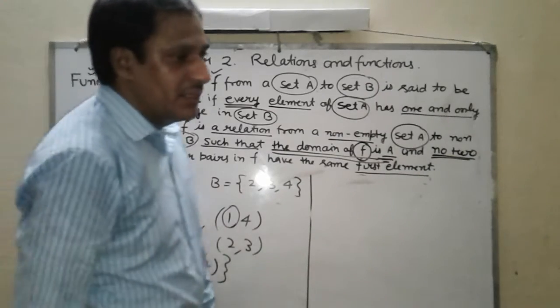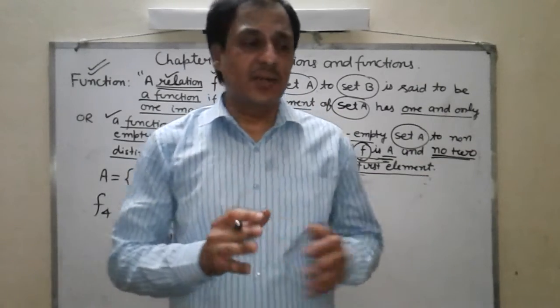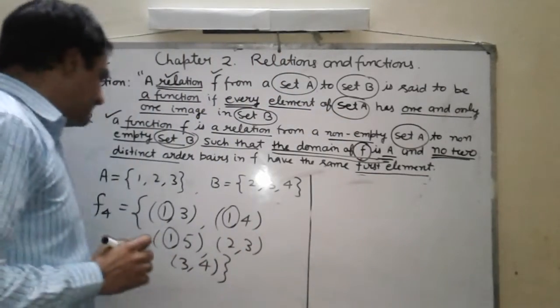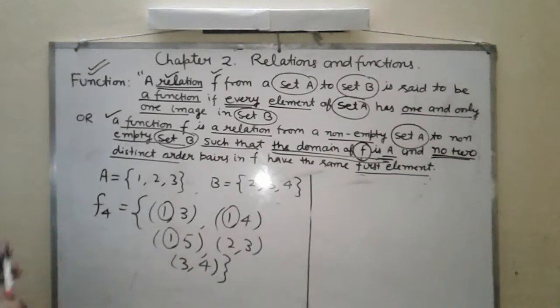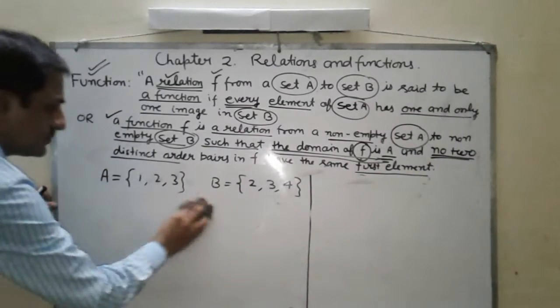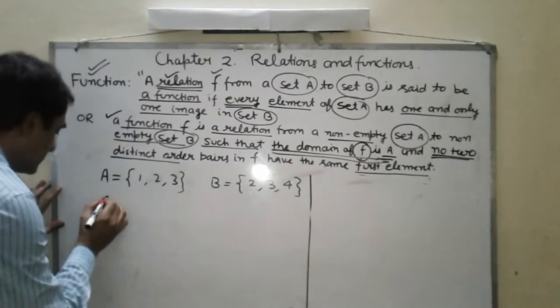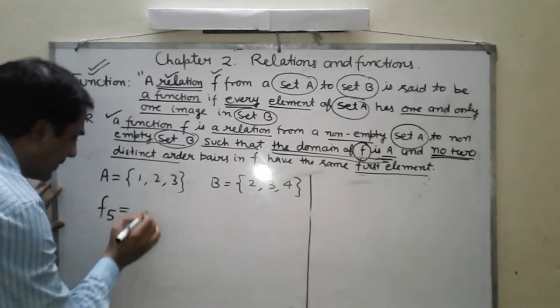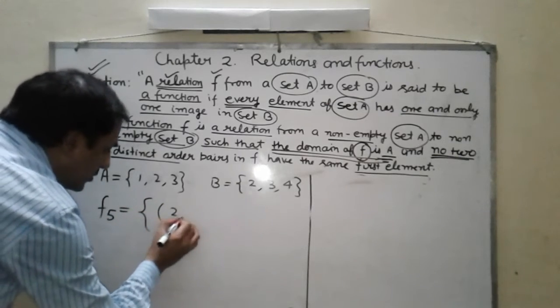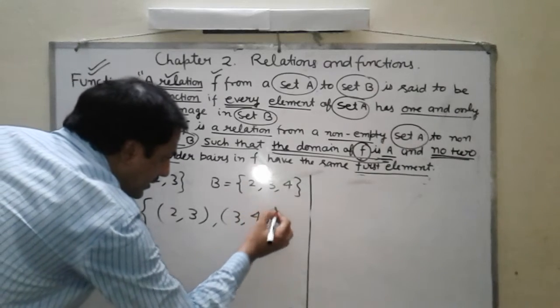So I hope you are understanding this topic. Now I am taking some more examples. F5: (2, 3), (3, 4).